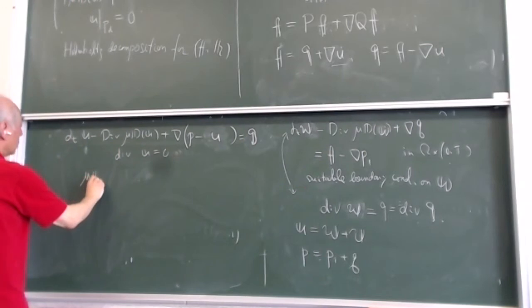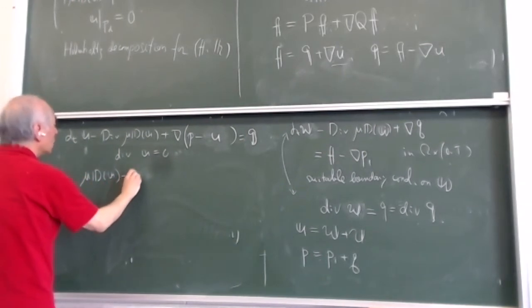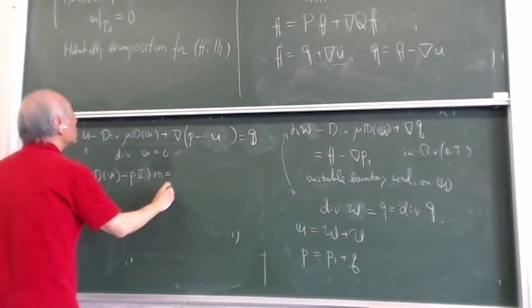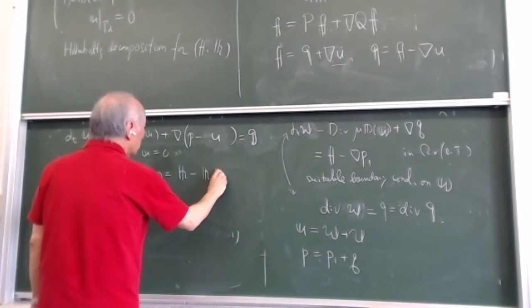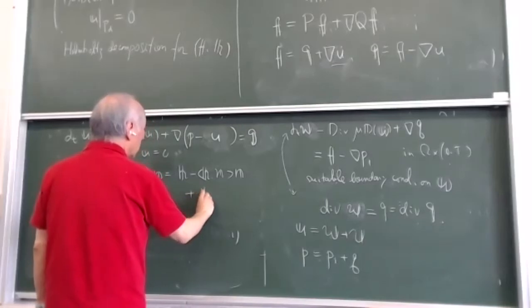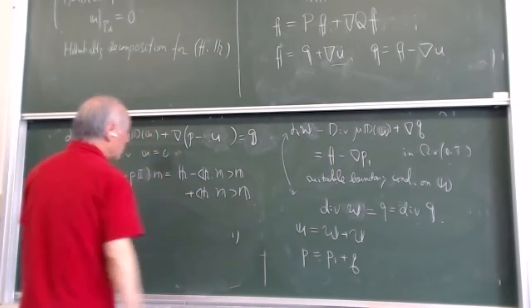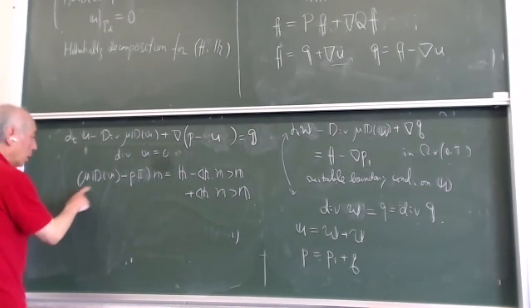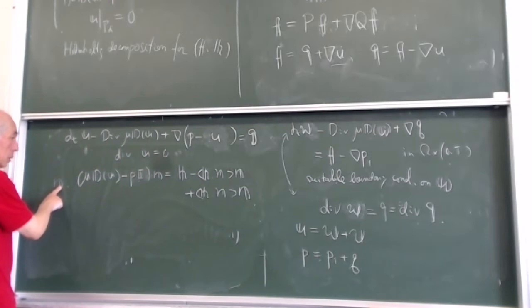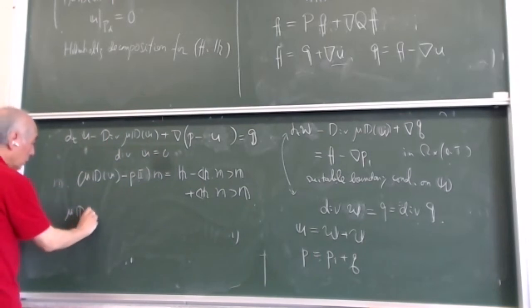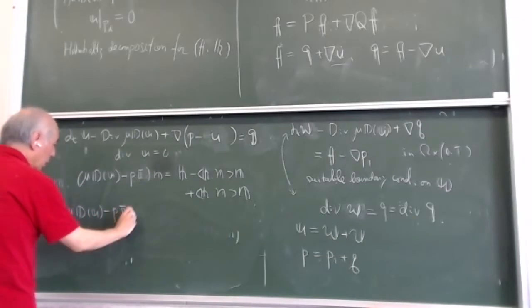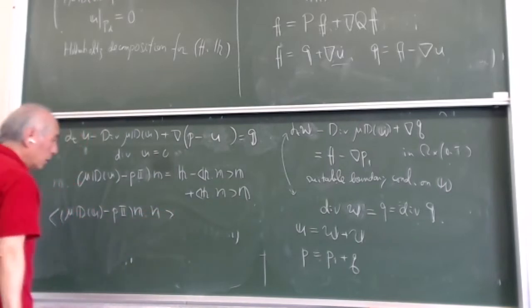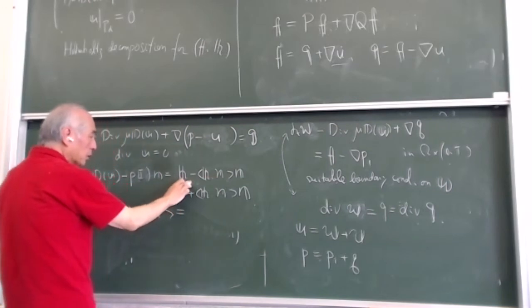But now du minus pi is h minus h plus... Then if you take the inner product with respect to n here, then du ci n vanishes because this is tangential to the vector n.